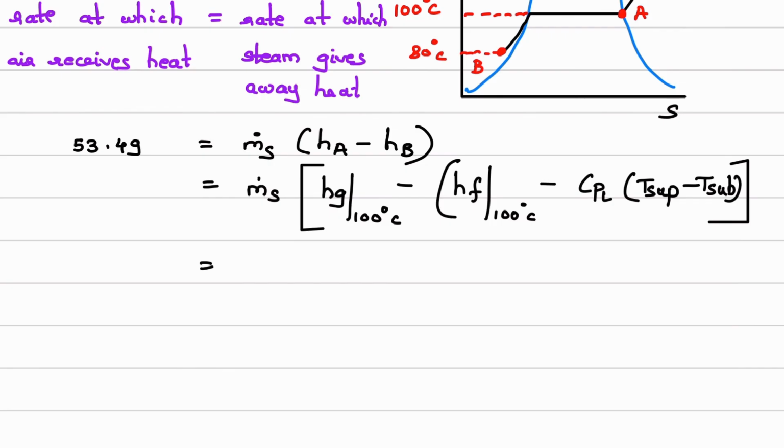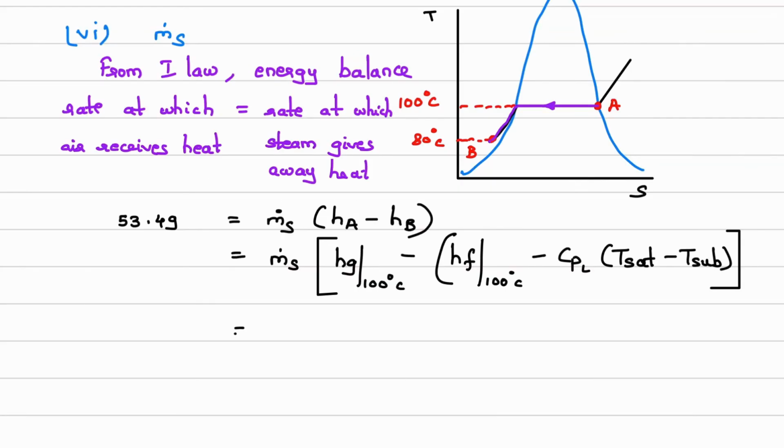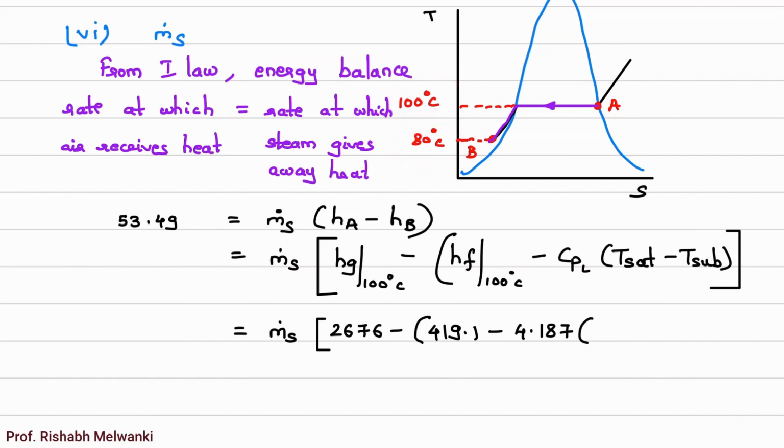So we'll go back to the numerical. Equal to mass flow rate of steam, which we have to calculate, in bracket: Hg at 100 degrees Celsius, it is 2676, minus HF at 100 degrees Celsius. From steam table we got this value, 419.1, minus Cp of liquid which is water, it is 4.187 kilojoule per kg Kelvin, in bracket Tsat which is 100 and T sub 80.